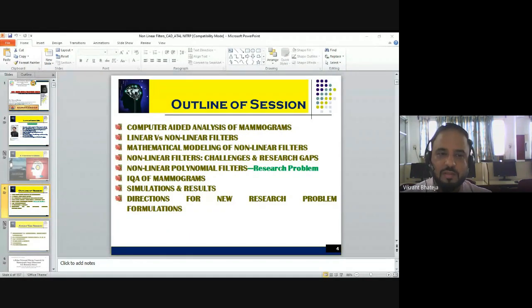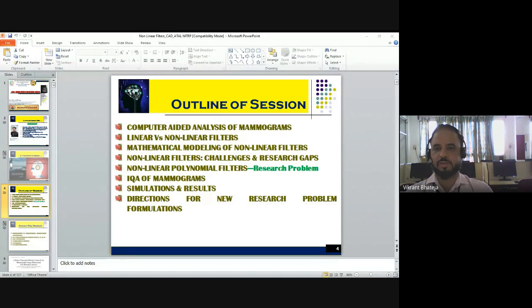Then non-linear filters, their existing challenges and research gaps with respect to this particular domain. Then non-linear polynomial filters, we will be discussing this as a research problem. Then we'll be focusing on the results obtained from this research problem. And finally, we'll be ending with the directions for new research formulations in this domain.